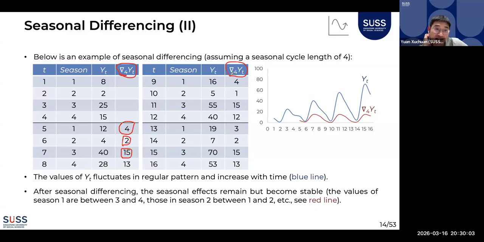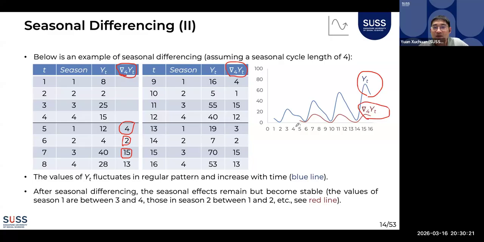We use nabla 4 yt to indicate the seasonal difference series. If you plot the data, the original data yt is blue, and then you do the seasonal difference to get nabla 4 yt.